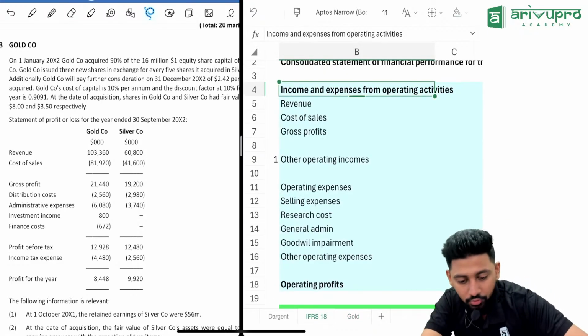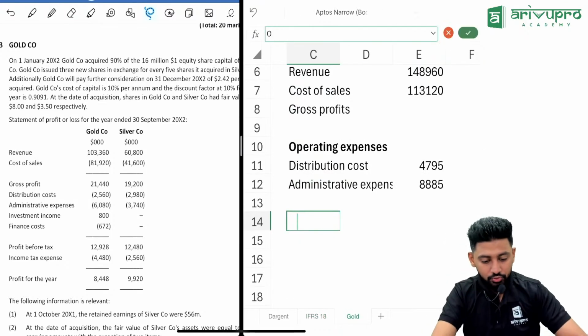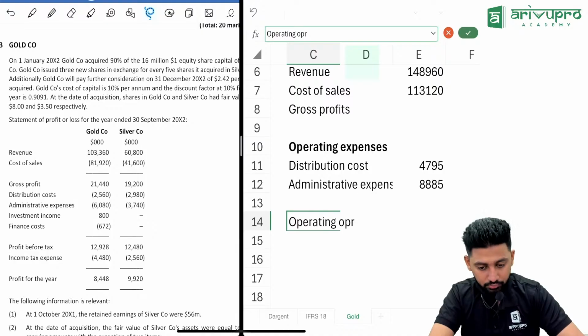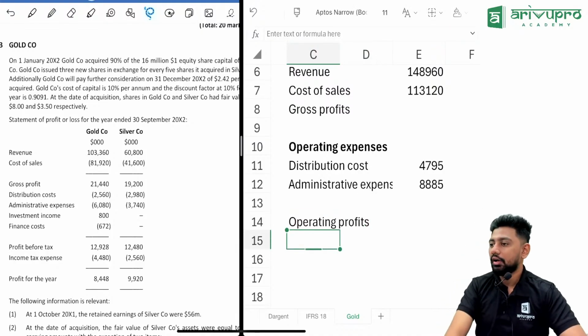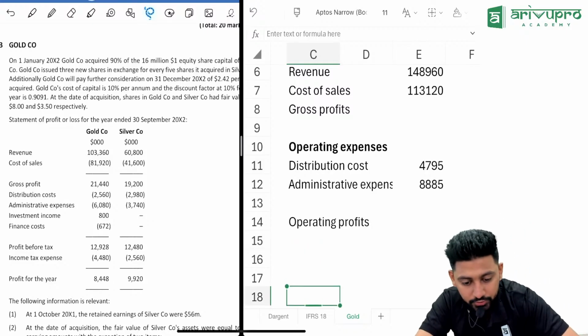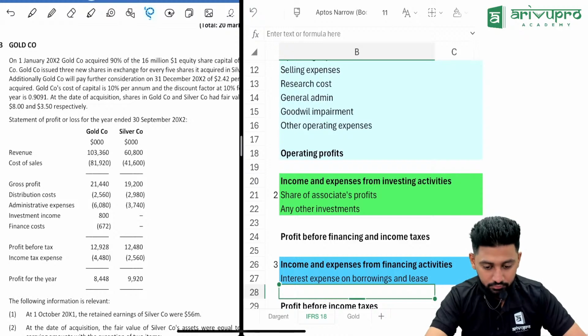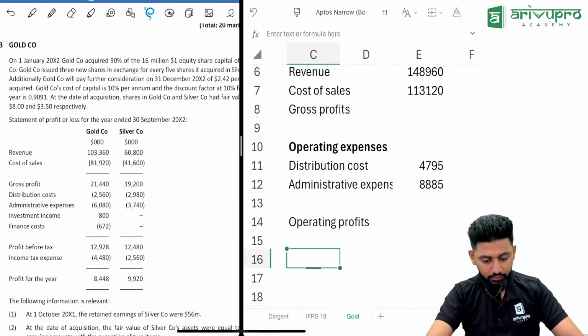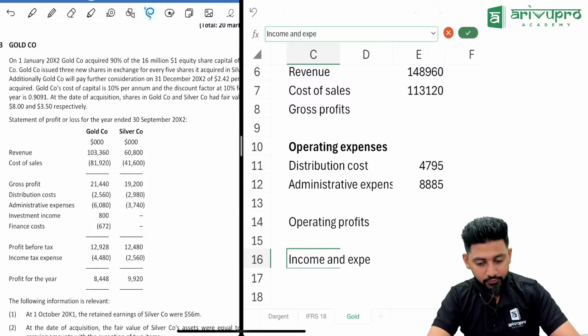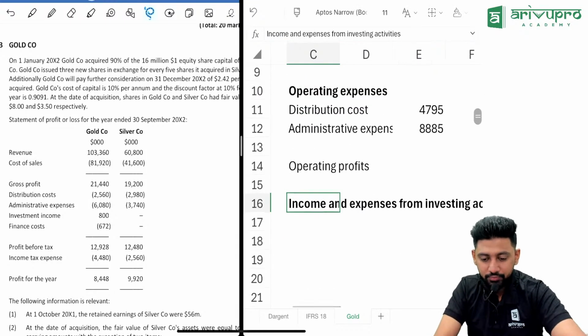All my operating expenses are done, so I can take my operating profits. Are we clear? Done. Next, I can take income and expenses from investing activities.